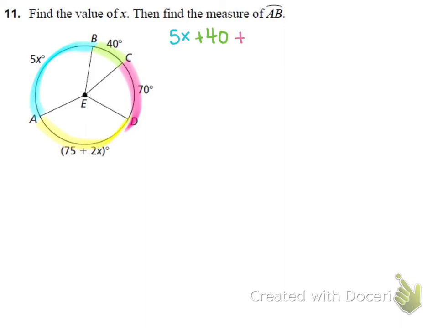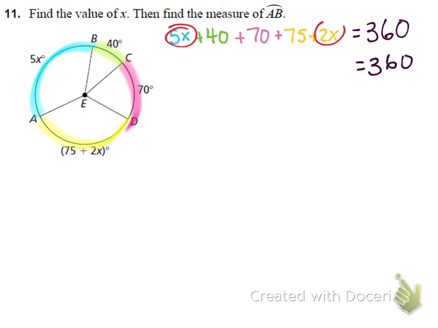So 5x plus 40 plus 70 plus 75 plus 2x will equal 360. So combining like terms, we have 5x and 2x, which makes 7x. And then we have 40, 70, and 75, which makes 185. Subtract 185 on both sides.